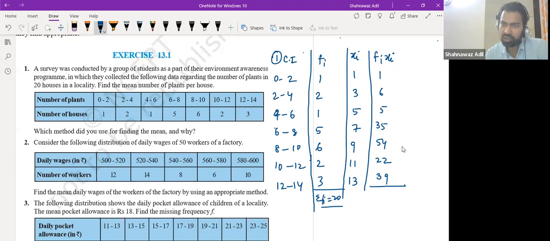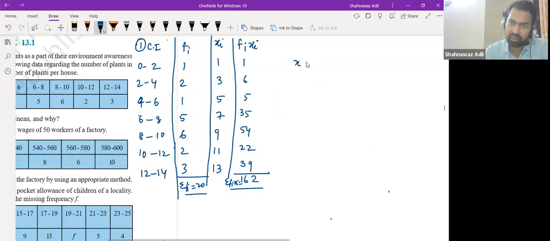And then summation of fixi, this is how much? 32 and 162. So this is summation of fixi. Then we can directly calculate the mean as summation fixi divided by summation fi. So 162 divided by 20.